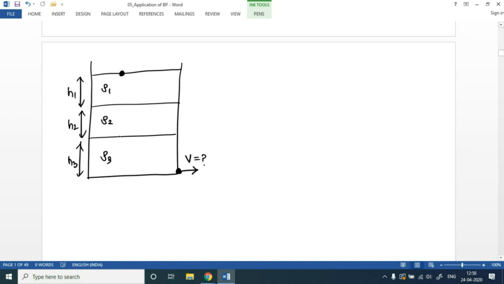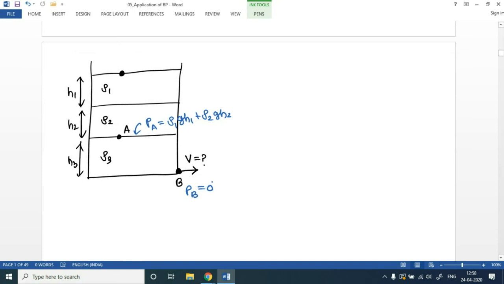So the best idea would be to choose 1 point at this interface. Let's choose 1 point A over here, and another point B over here, and let's apply Bernoulli's principle between these 2 points. The pressure at A you can write very easily. I'm going to write the gauge pressure, so that would be rho 1 gh1 plus rho 2 gh2, and the gauge pressure at B is going to be equal to 0.